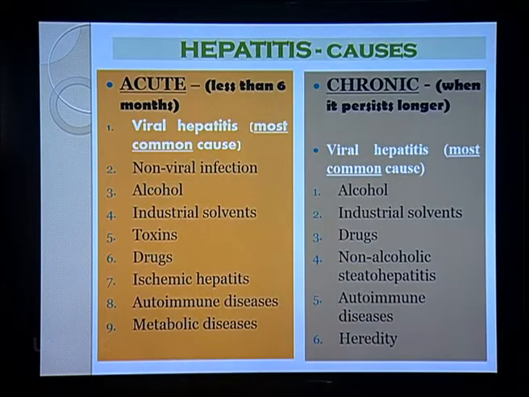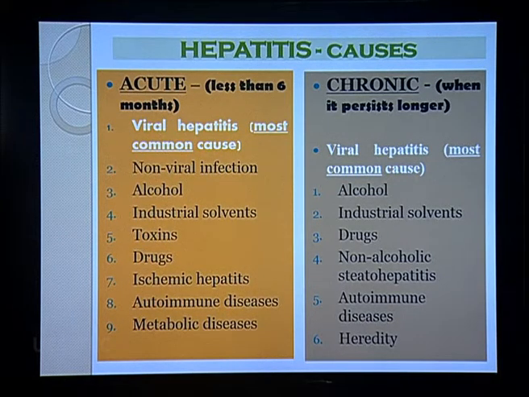If we now look at the causes of hepatitis, hepatitis may be subdivided into two principal types. One is acute hepatitis, which is sudden but very severe, and it lasts for less than 6 months. And another is chronic hepatitis that persists for even longer than 6 months.